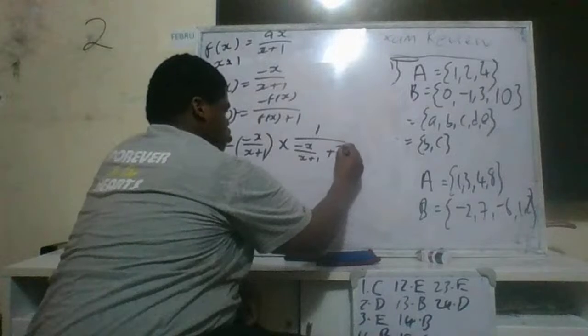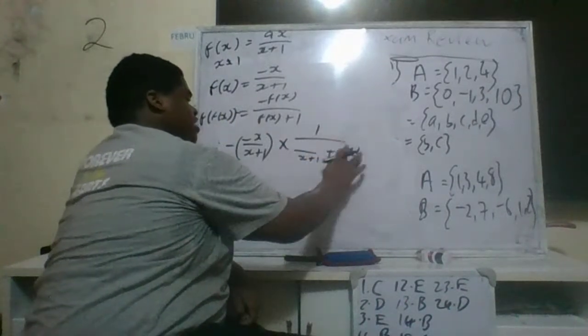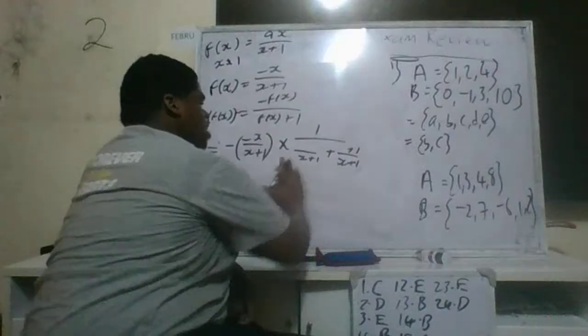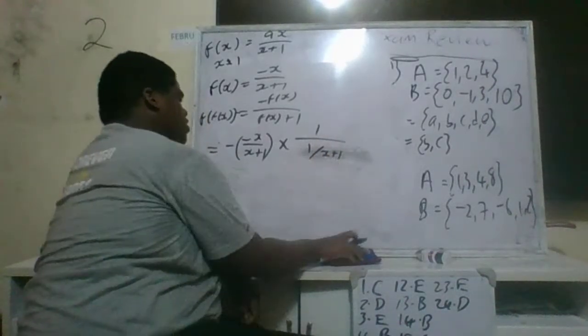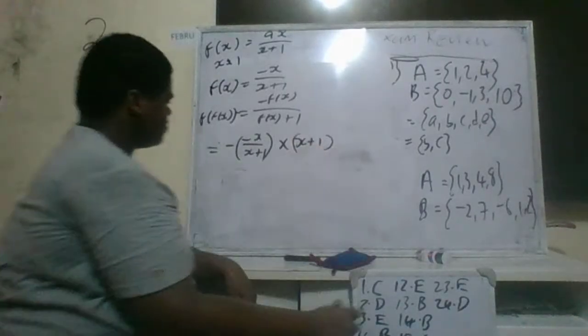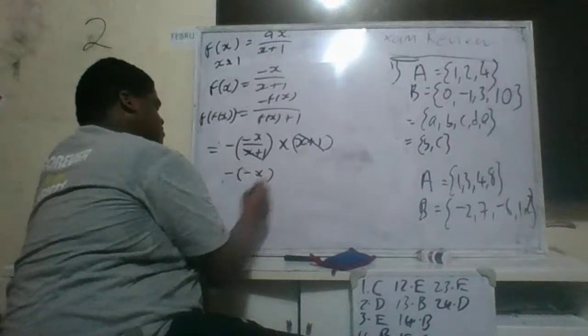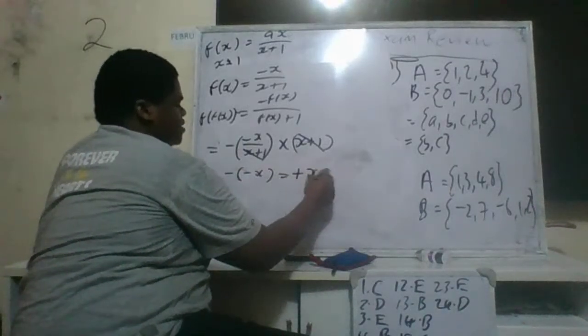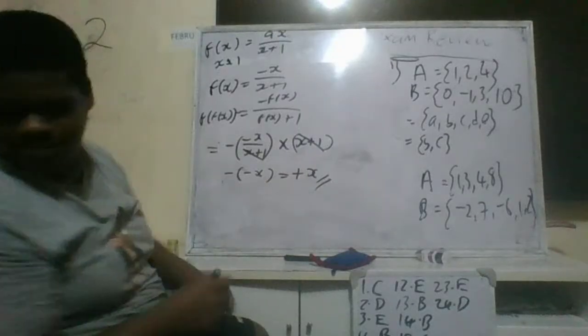This one changes to x plus 1 over x plus 1, and -x plus x turns to 0. So you have 1 divided by 1 over x plus 1, which simplifies to x plus 1. x plus 1 times x plus 1, you have negative times -x, and this simplifies to plus x. So you can see f of f of x is equal to x.